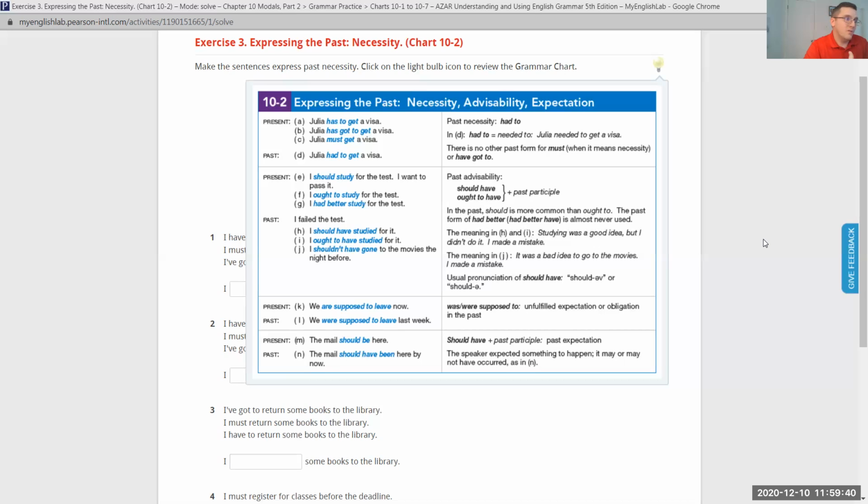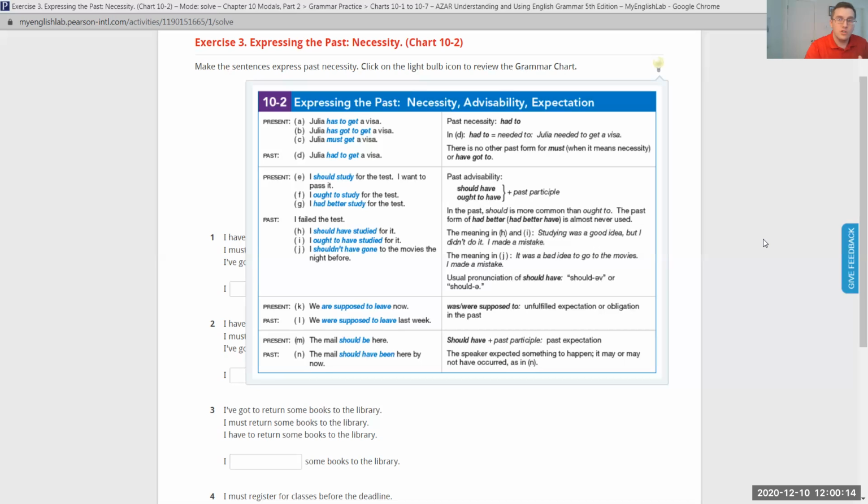In example M, we say the mail should be here. This is a current present expectation. I expect the mail to be here soon. The mail should be here now, or should be here soon. If I'm talking in the past about a past expectation, in example M, the mail should have been here by now.